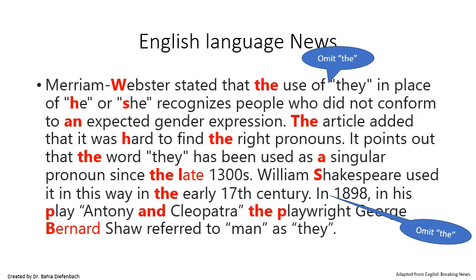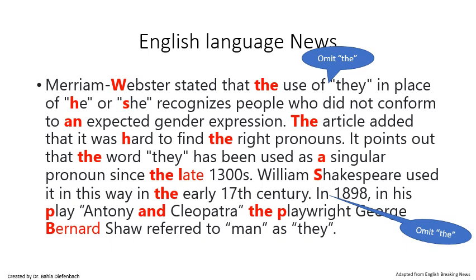The use of they in place of he is not capital, or she, again, not capital letter, recognizes people who did not conform to an expected gender expression. The article, capital T, added that it was hard, no need for a capital H here, to find the right pronouns.